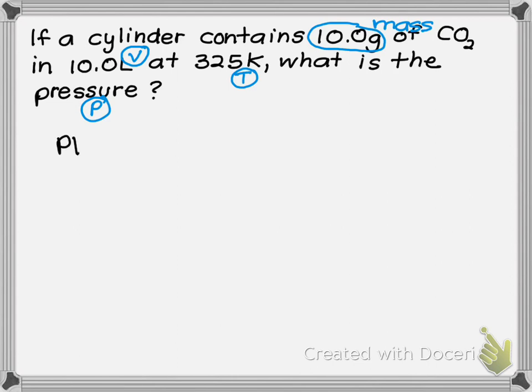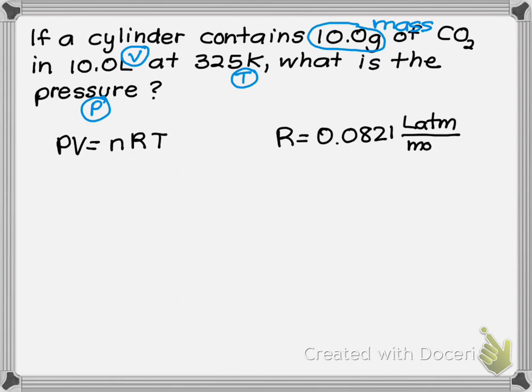So the ideal gas law is PV equals nRT. Now R is the gas constant, and the reason I like to think about it when I'm using the ideal gas law is I always want to check out my units before I get going. So I look here. First of all, there's mass.